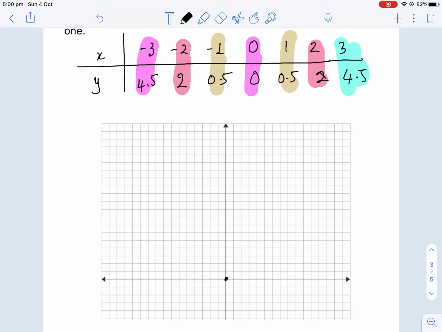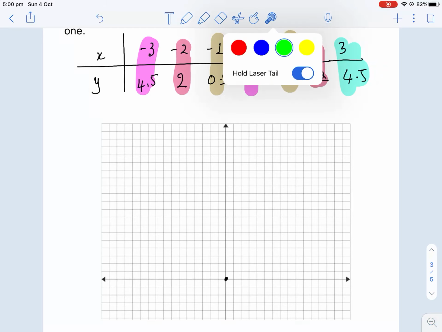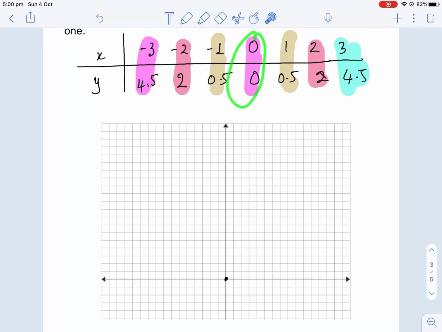This 0, 0 splits the parabola into exactly the same two values of y. You can see the value of y here is 4.5, 2, 0.5, and here 0.5, 2, 4.5. Looking at the table of values, the turning point is going to be this one, but we just check it out.